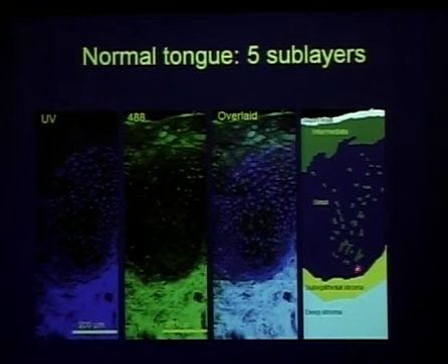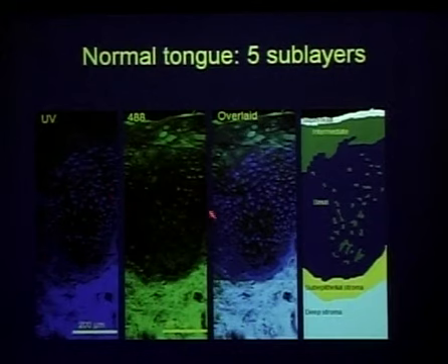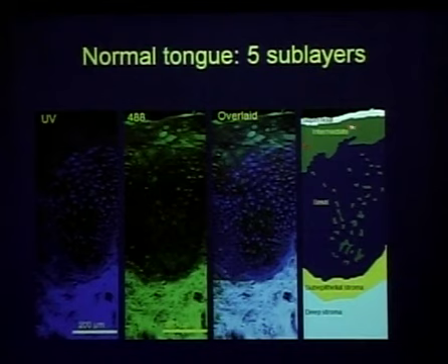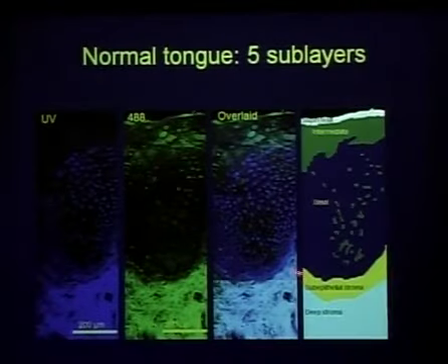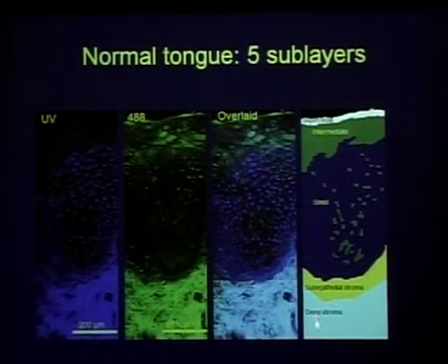And then we had this basal layer where we saw bright UV fluorescence, but dim 488 fluorescence. And we had an intermediate layer of cells where we saw bright 488 fluorescence, but dim UV fluorescence. And then we divided the stroma, for reasons that will become clear in a moment, into two layers. A layer that we called the subepithelial stroma, that's about 125 microns thick, and the deeper stroma. In the normal tissue, those layers look similar.